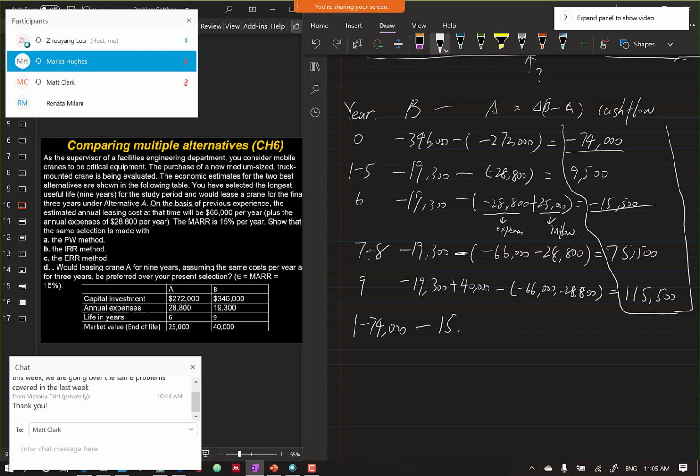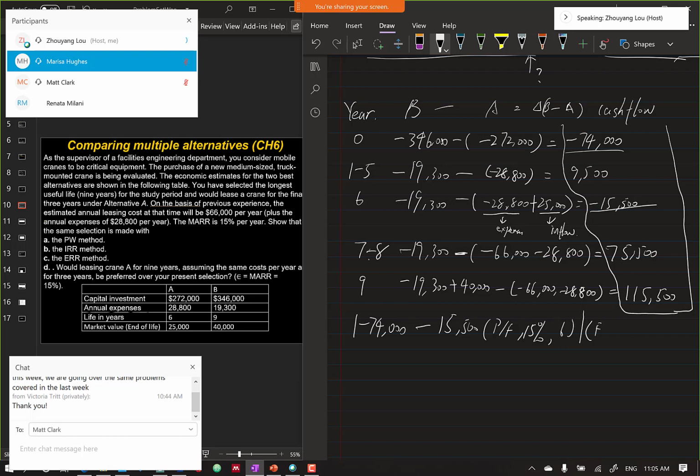That's 15,500. Given the future value, we calculate the present worth. That's 15%, and for 6 years. And then we take this, because we are done with all the net expenses, and we want to further take this to the future.